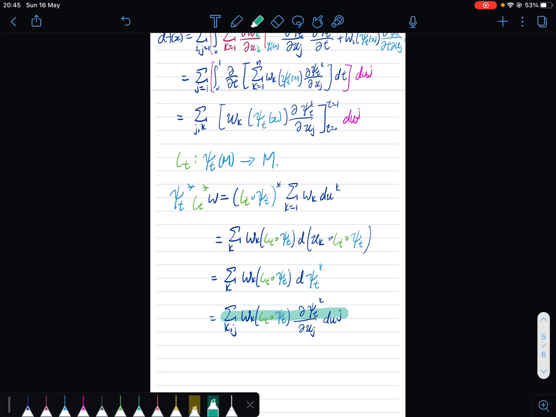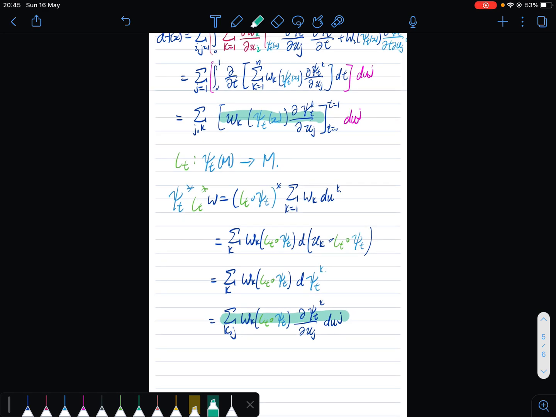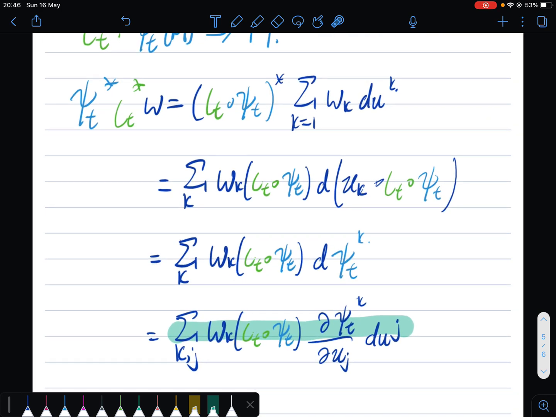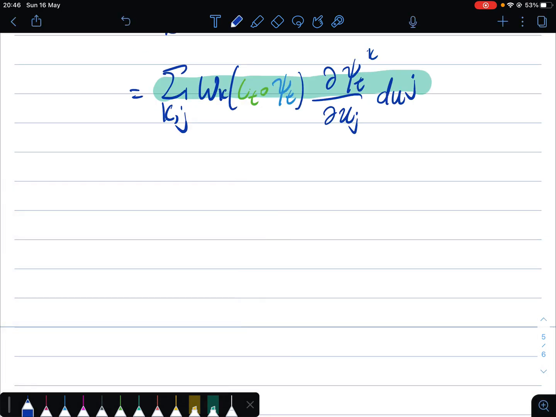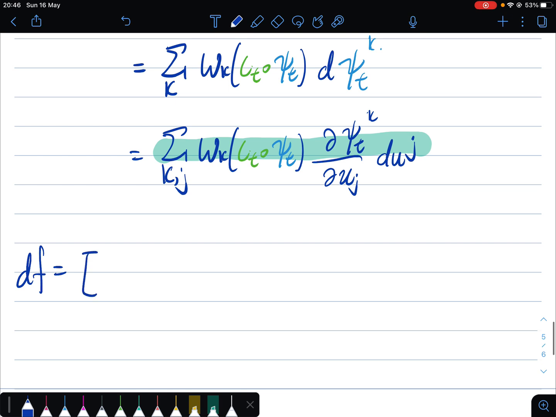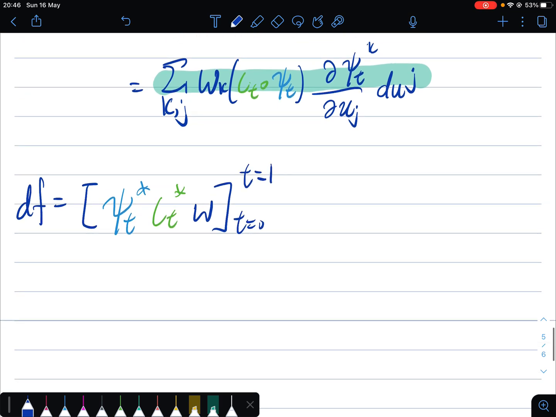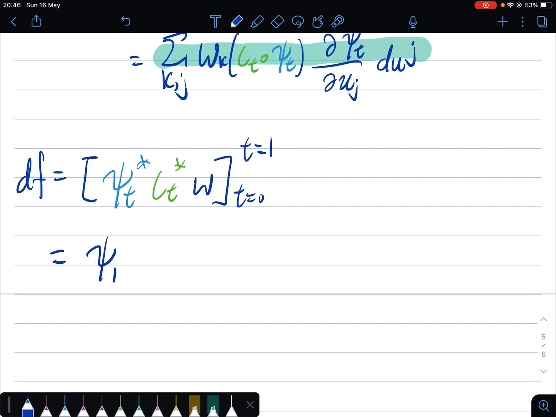And this stuff is exactly this thing. So we can substitute this definition, the expression, into this part. And then we will call this result. And then it's the following thing.